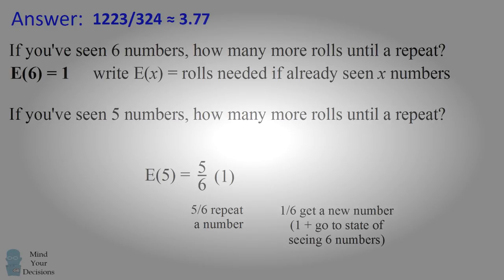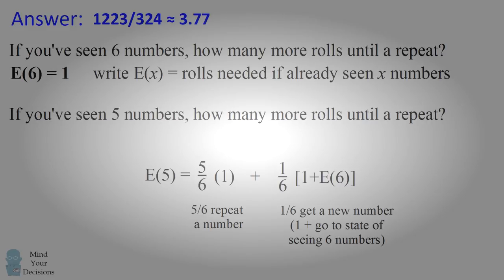But there's the 1/6 possibility that we get one of the numbers we haven't seen. In that case, on that next roll, we go to the state of having seen all 6 numbers. And then the average time it will take for us to see a repeat is e of 6.